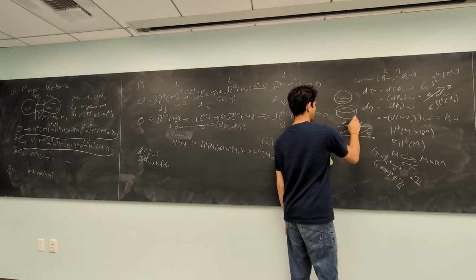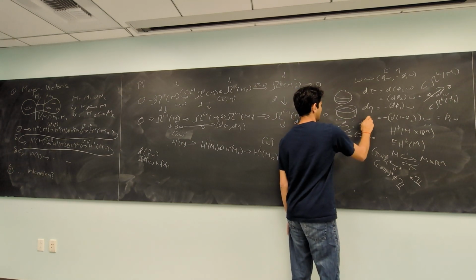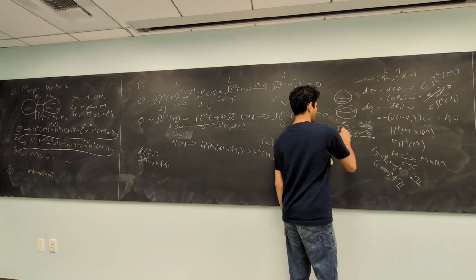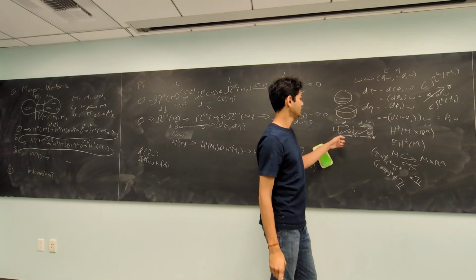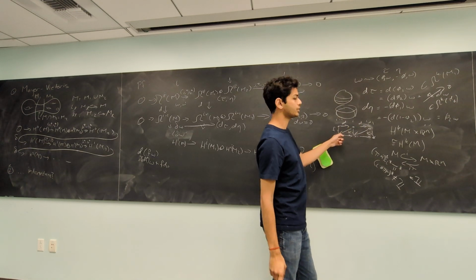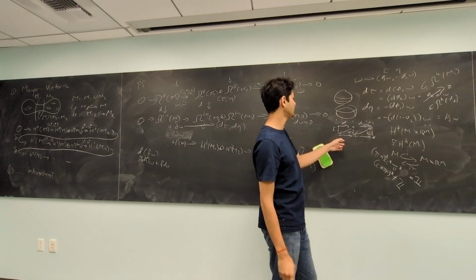So this is at position i, this is i minus 1, this is i plus 1. A chain map goes down, while a chain homotopy goes over one dimension lower.